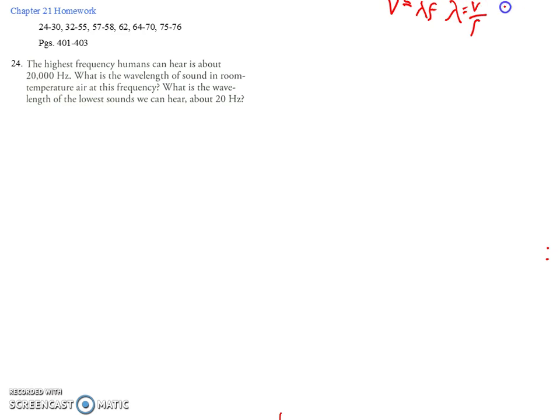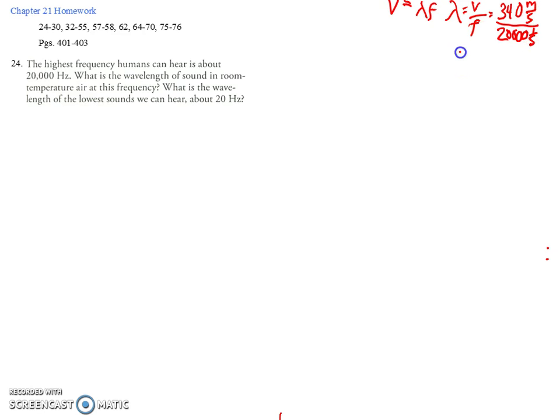Well, the speed in air is 340 meters per second divided by the frequency of 20,000 hertz, which is the same thing as cycles per second or per second.